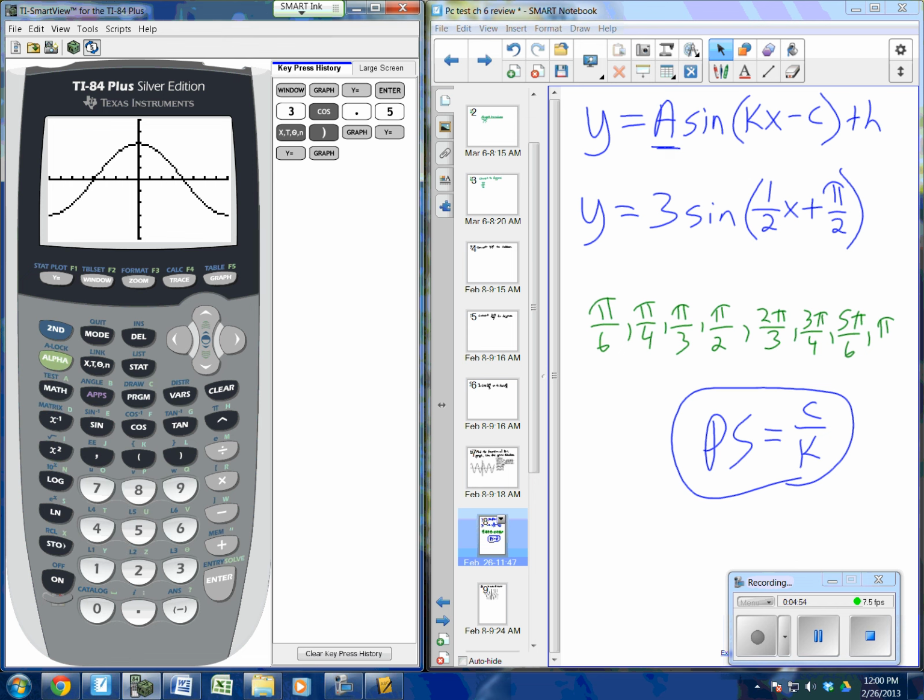If K gets smaller, it stretches it. If k is a number between 0 and 1, like 1/2 is, then it stretches it. It's like taking a slinky and stretching it out. If k is bigger than 2, it's like pushing it in, okay?